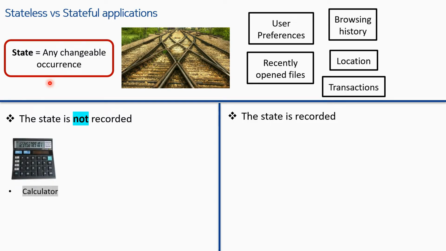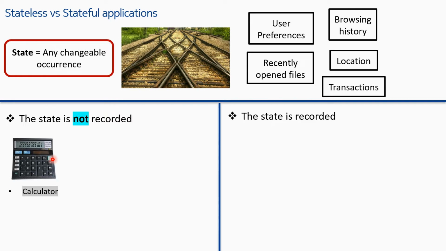For example, a calculator is an example of a stateless application. You do some calculations, however complex, it doesn't matter. Finally you press C or AC, and your calculator is reset to 0. That means you have to start again and you don't have any previous history.